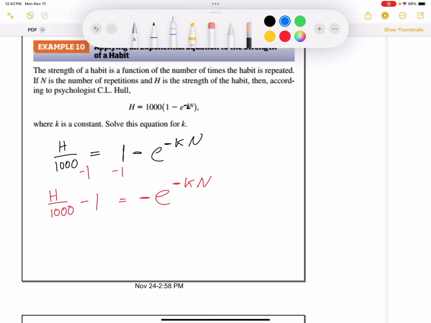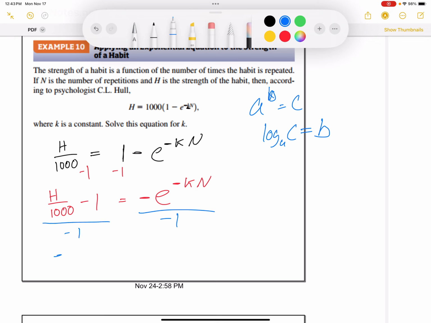This is like exponential form, but remember, if we have a to the b power equals c, then I can say log base a of c equals b. Right now, this is a to the b power equals c, but I have to get that fixed. I need to get rid of this negative, so I divide both sides by negative 1.